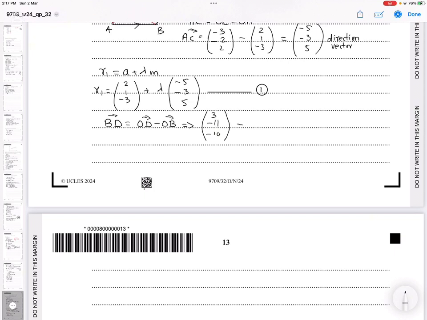My OB is 0, 4, 1. Simplify it, you get 3, minus 15, minus 11. So this is my direction vector for BD.